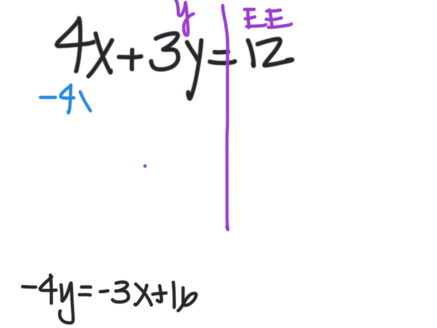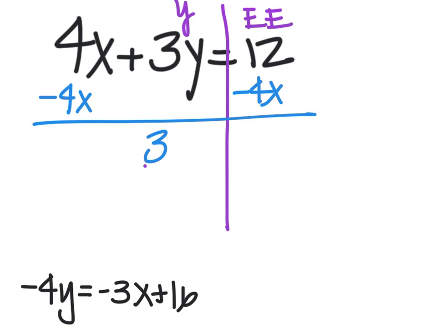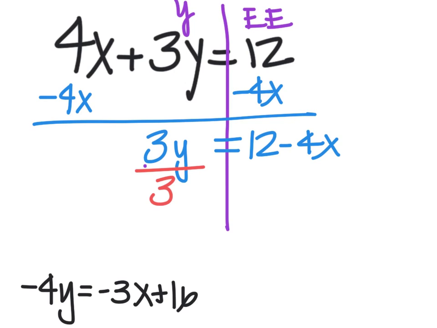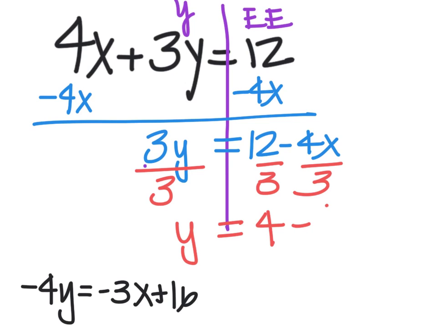So I'm going to subtract 4x from both sides. So I get 3y equals 12 minus 4x. Then to get y completely by itself, I have to get rid of that 3. To get rid of it, I divide everything by 3. So I end up with y equals 12 over 3 is 4 minus 4/3 x.